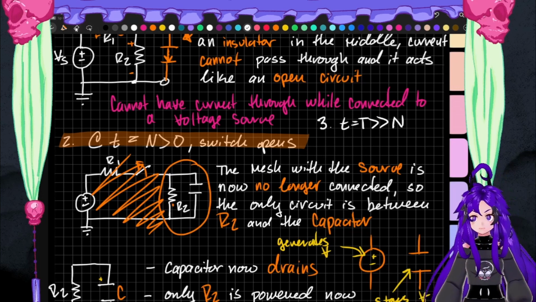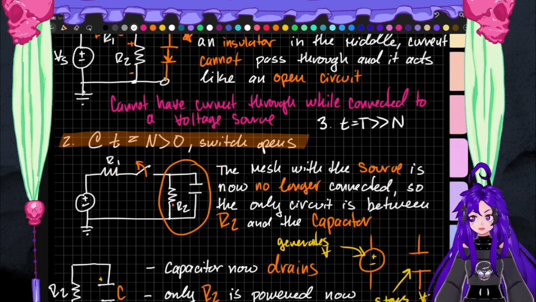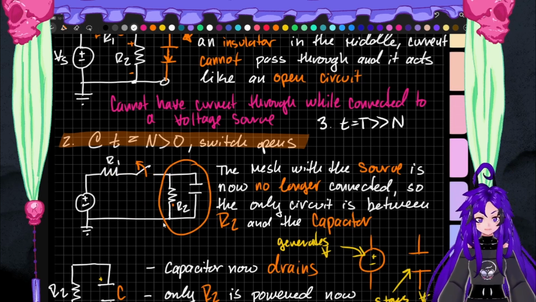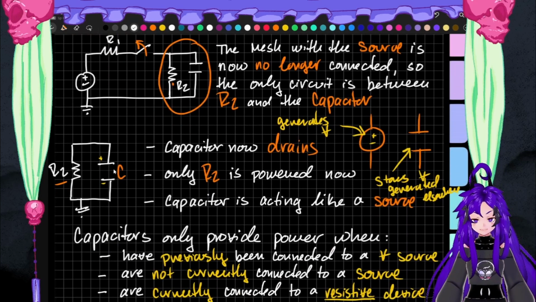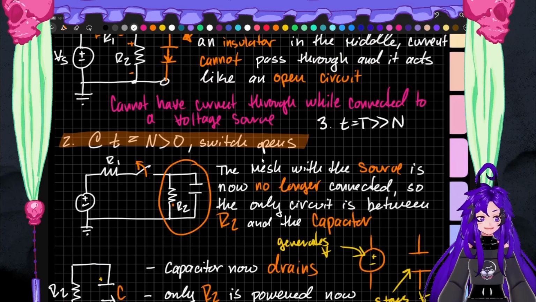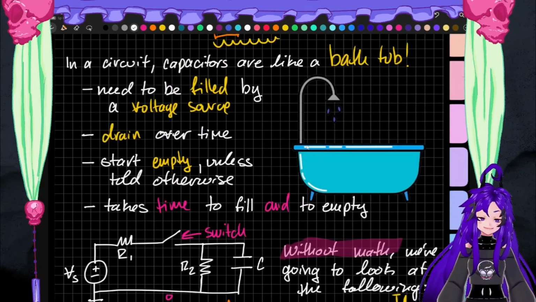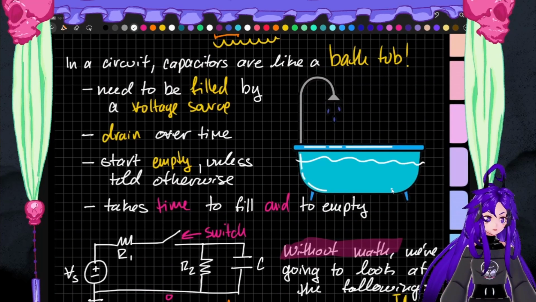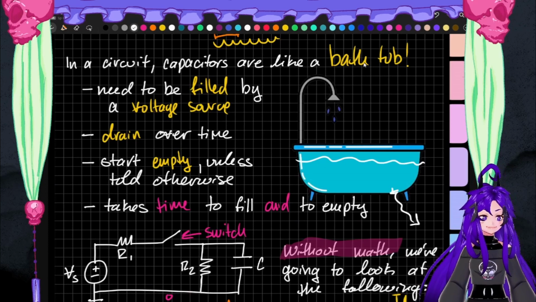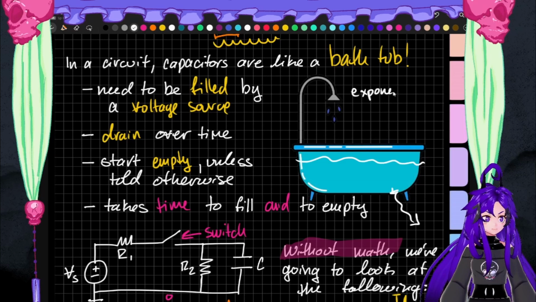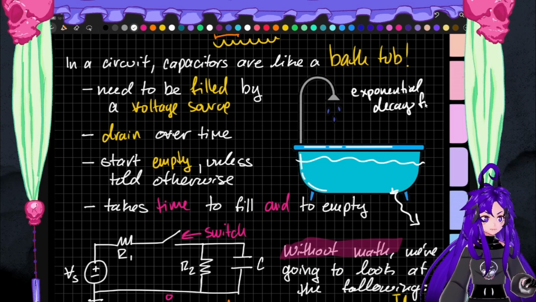When time just keeps on rolling into the future, this capacitor is eventually going to drain out, very similarly to a bathtub. You know that a bathtub is an exponential decay function. And if that doesn't ring a bell, don't worry about it.